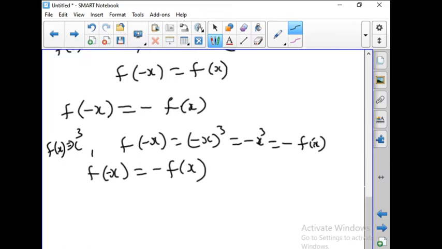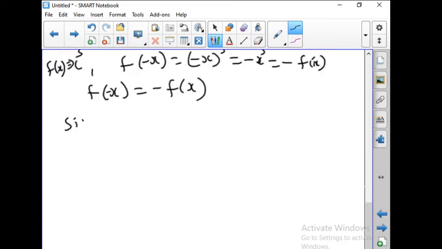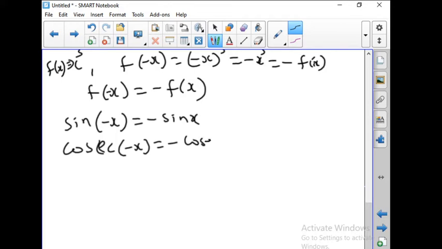So, what about trigonometric functions? Sine of minus x is minus sin x. Cosecant of minus x is minus cosecant x.